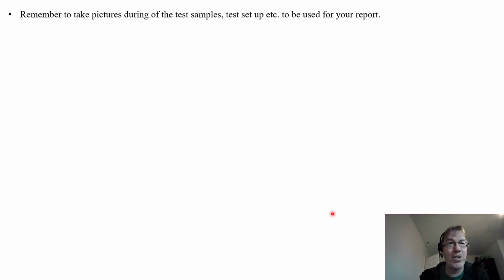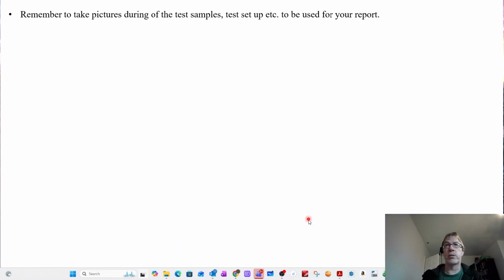Okay, we're almost finished. Now remember, take plenty of photos during the lab session. Please make sure you do not miss the lab session because it's up to you to be there. And also what you'll want to do is go to that document. Where's that document?